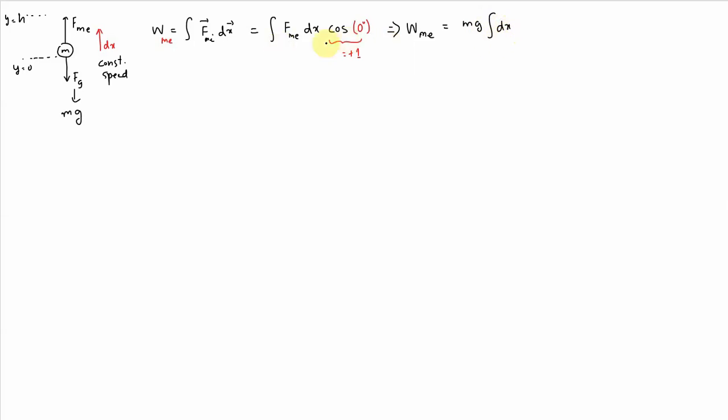I should have been clear, I probably should have written it as dy, but it doesn't matter what you call it at the end of the day. Let's call it dy, all right? So dy, I'm raising it up from a reference point, from y equals 0 to some y equals h. Then this integral is very simple. It gives me the work that I do. The work done by me is mgh.